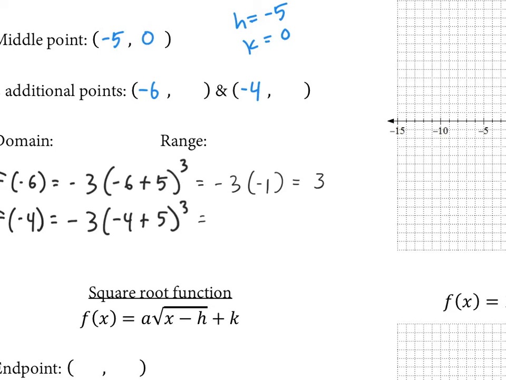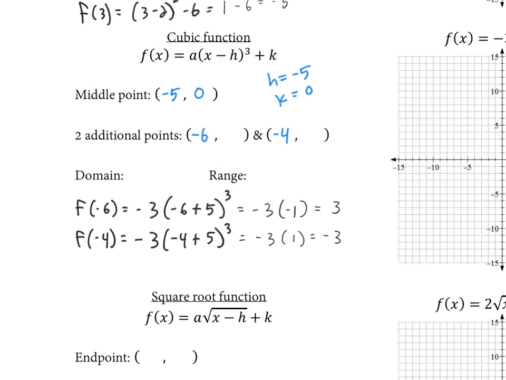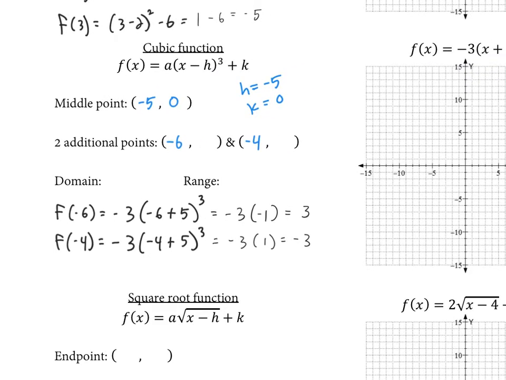Okay, for the next one, inside here, negative 4 plus 5 is 1. 1 cubed is still 1. So this is negative 3 times positive 1, and that's negative 3. Okay, plug in negative 6, you get 3. Plug in negative 4, you get negative 3.